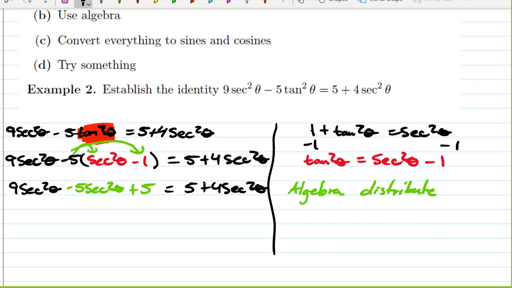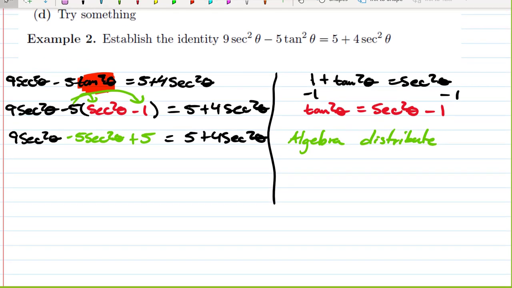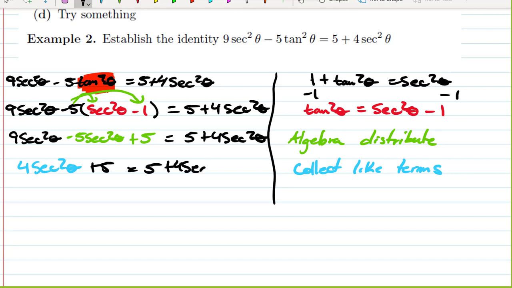And lastly, we'll just collect our like terms. So we have our secants that we collect up. 9 secant squared minus 5 secant squared is 4 secant squared theta plus 5 is equal to 5 plus 4 secant squared theta. And we're done, which is the identity that we wanted.